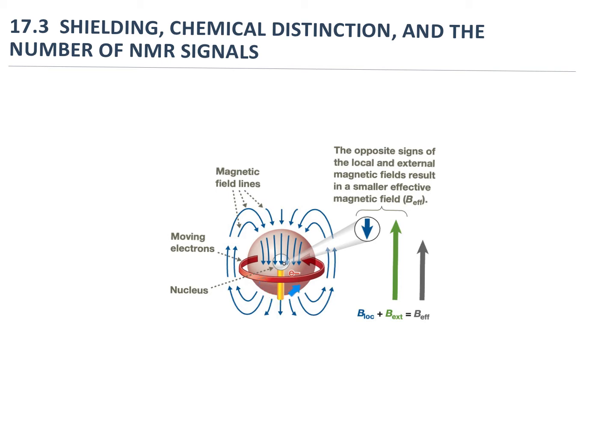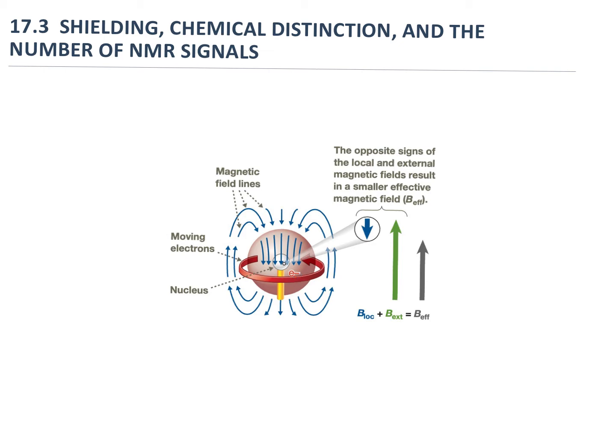So what you're looking at here is a nucleus, and then we have an electron cloud that's surrounding that nucleus. Like any moving charges, the electrons that make up the cloud experience a force from that external magnetic field, okay? And that causes the electrons to move in a circular pattern.